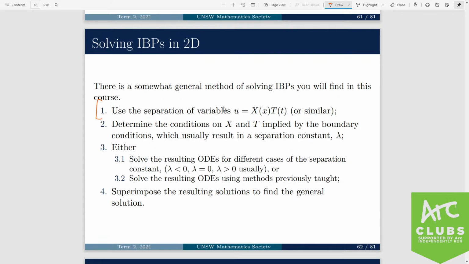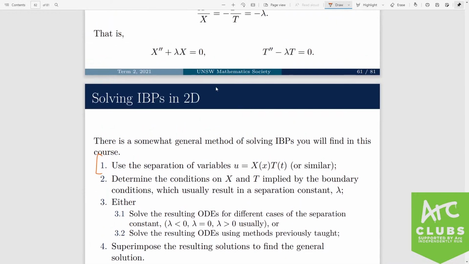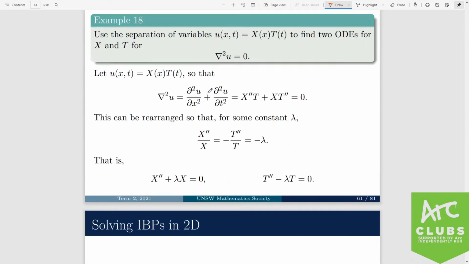So you sub in u equals XT, and then you split the partial differential equation into multiple ordinary differential equations, like I just did in the previous example. Right, we split this equation into two ordinary differential equations using this separation constant.